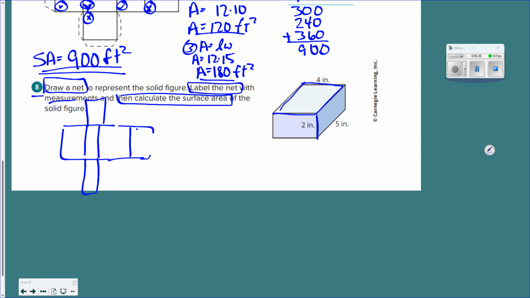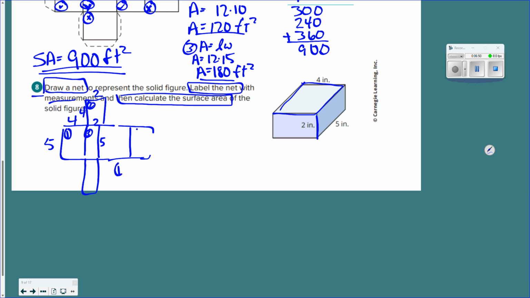I started in this shape. So this side is 4. This side is 5. This is going to be my 2. So 2 by 4. This one is 5 by 4. Again, we've got 3 shapes. And this third one is going to be 2 by 5.